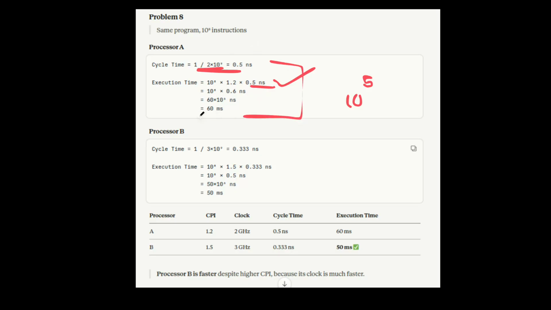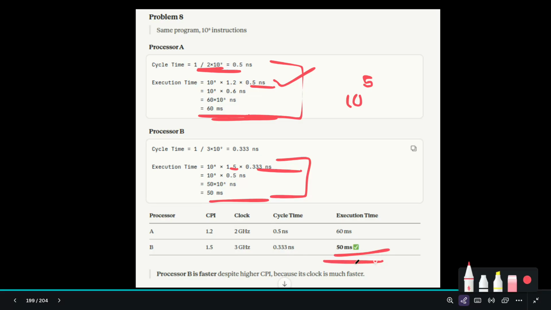This you find out as 60 milliseconds, let us say. For processor B we do the same thing: 10 raised to 5 into 1.5 into 0.33, you get 50 milliseconds. Which has less execution time? Processor B. So if processor B has less execution time, processor B is the faster one.